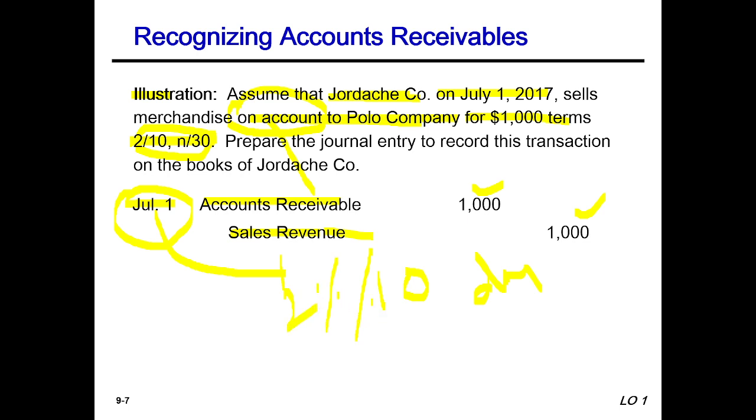If they fail to pay within that time, then net 30 means within 30 days Polo company must pay George's company, and for this Polo company will not get any benefit.